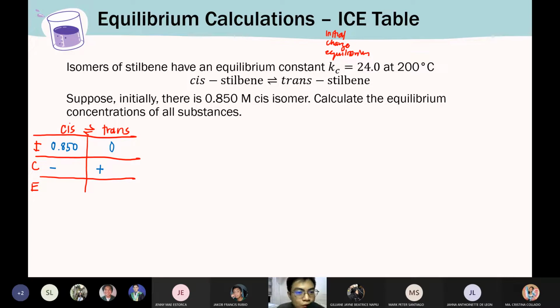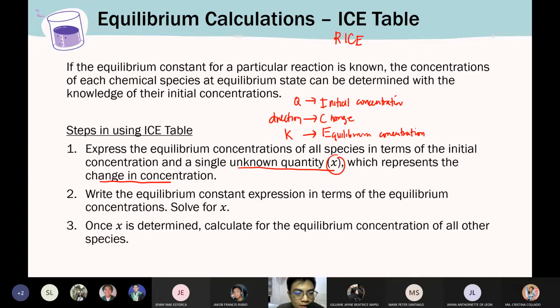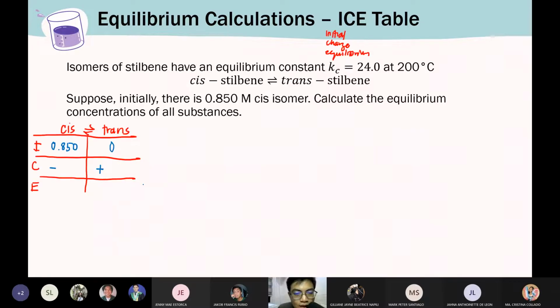We use an unknown variable, x. Bakit? The x will represent the change in concentration. I don't know kasi kung ano yung value ng x or gaano karami mababawas or madadagdag. So, I can just let x be my change of concentration. Okay?